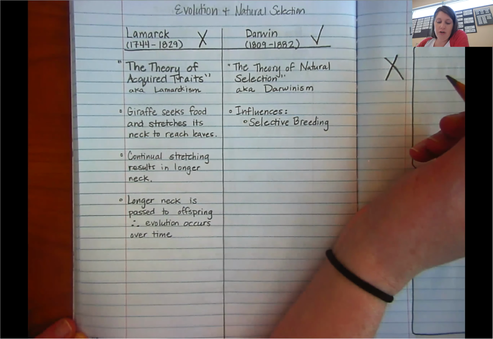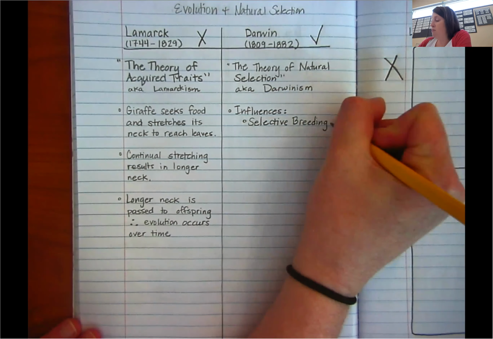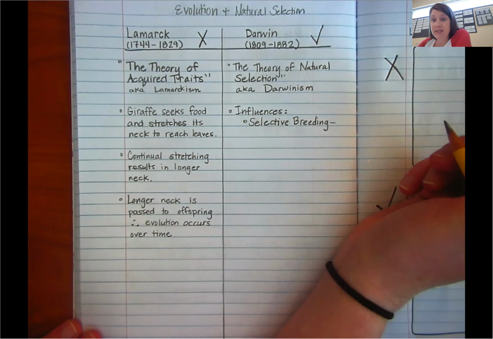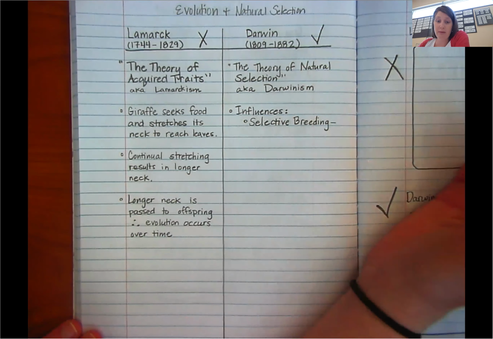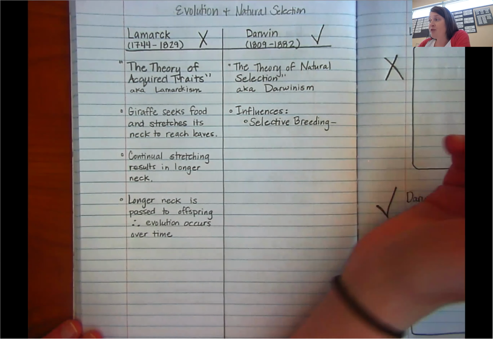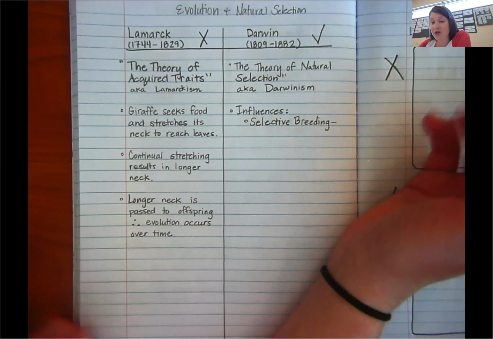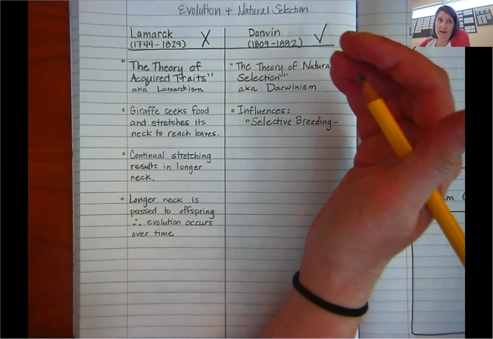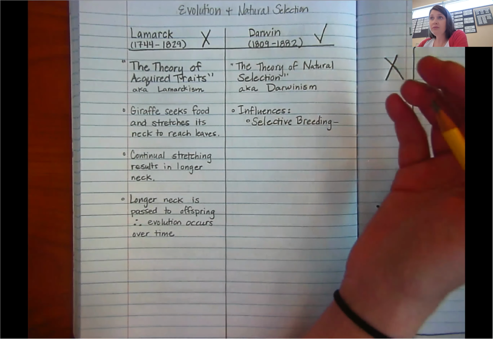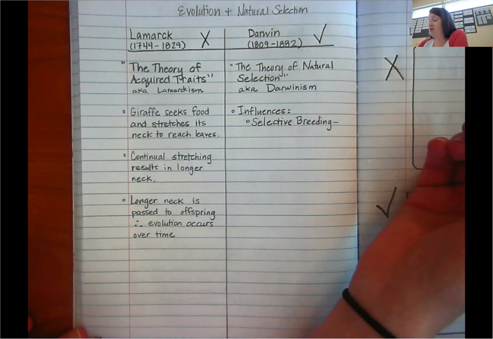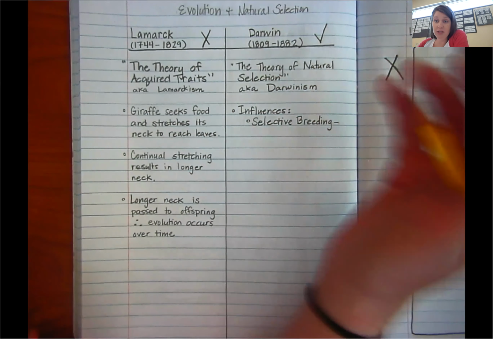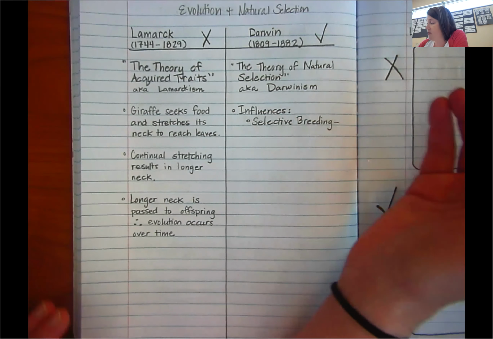So the concept is over time, humans have been able to be very selective with how they breed certain livestock and certain pets. And that shows that when you combine certain traits that are favorable, meaning desired or helpful, you can totally change what something looks like or what their traits are or how they behave.